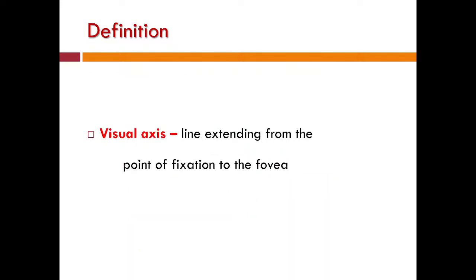There is a misalignment of the visual axes of the two eyes, the patient has a manifest squint. Okay? In a large angular deviation, you can obviously see from a distance that this eye is deviated. But in a small angular deviation, you may have to look carefully for 5 or 10 degrees of deviation. You have to see whether the torch reflex is in the center of the pupil or on the nasal or the temporal side. And then you can say, it is not in the center, so the patient has squint.